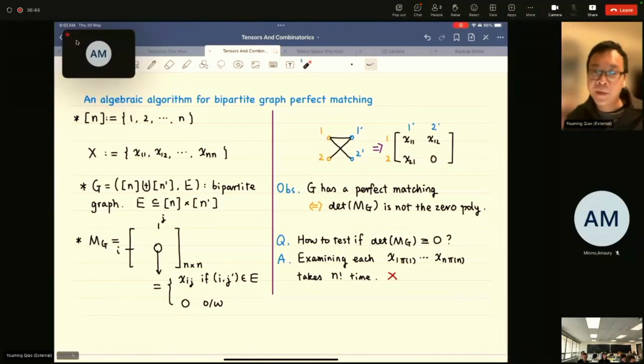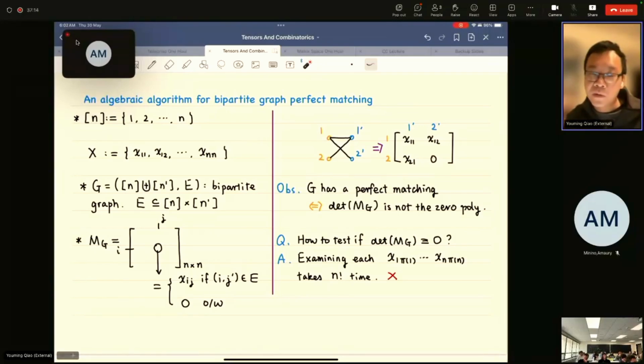The funny thing is that MG is a matrix of linear forms, so you cannot really do Gaussian elimination from the algorithmic viewpoint. You also cannot examine every monomial to see whether it appears in the determinant, because that will be too slow. It takes n factorial time.